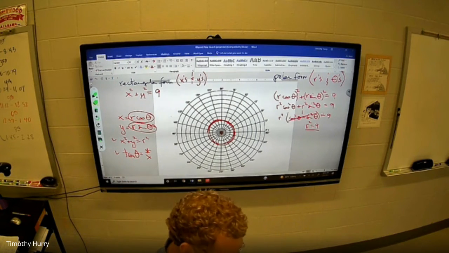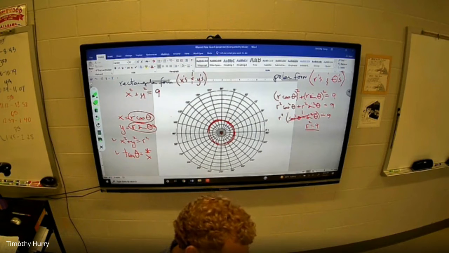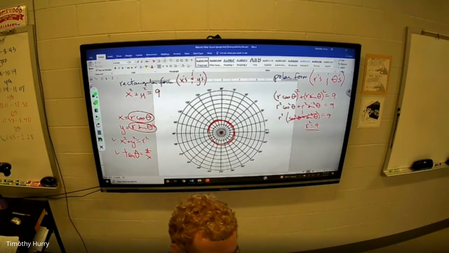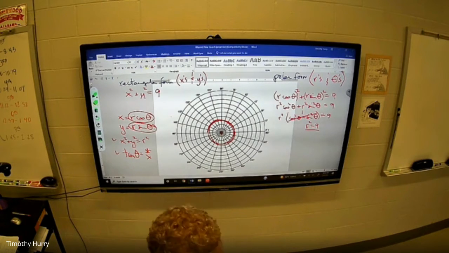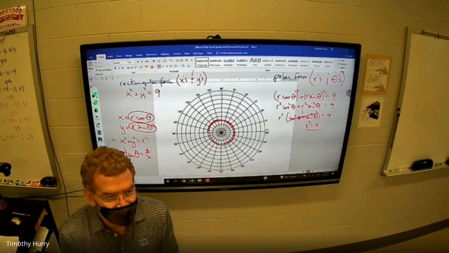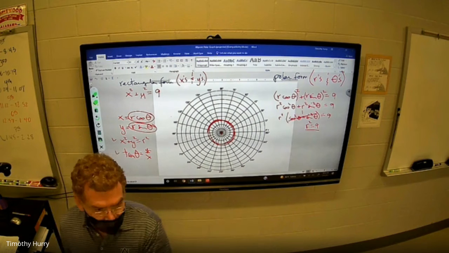Polar. And if I click, mine's 5. If I hit 5 for polar, what pops up? Actually just r of theta pops up, not r and theta.